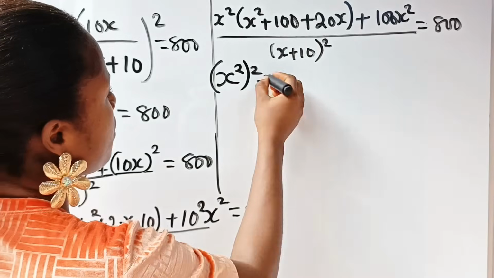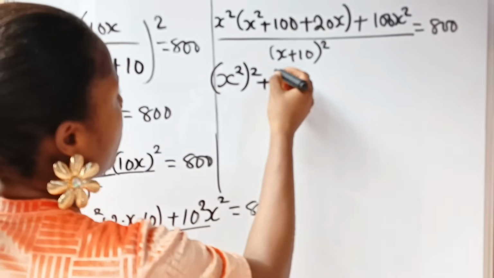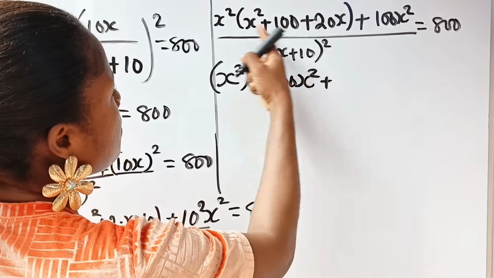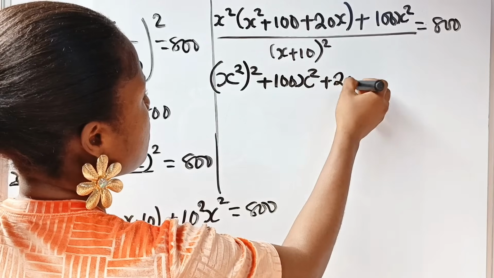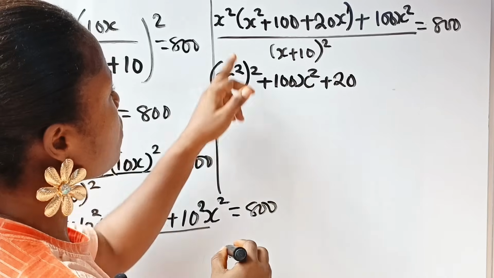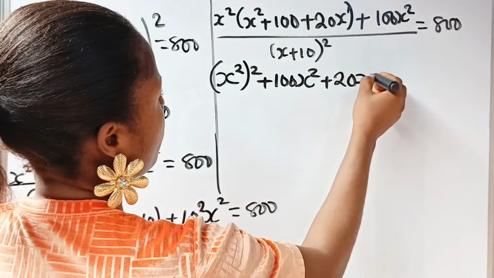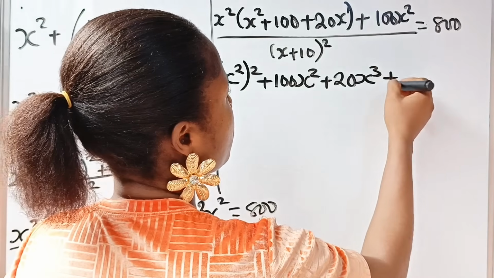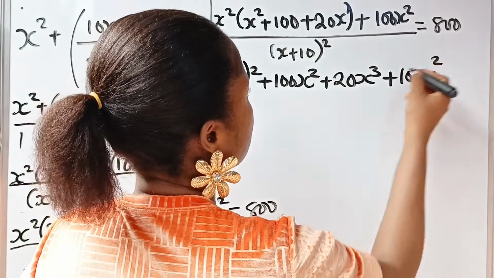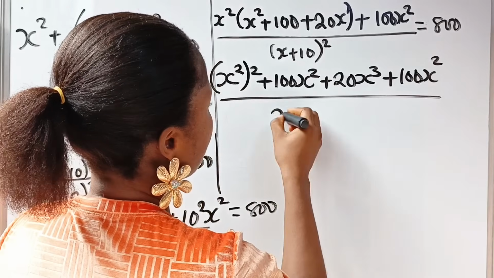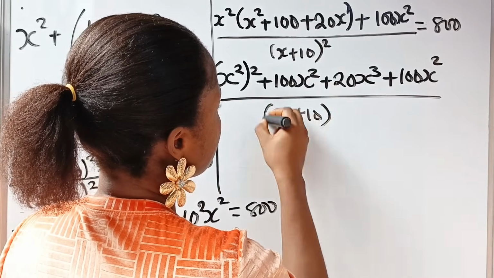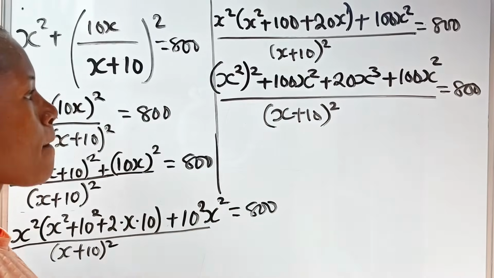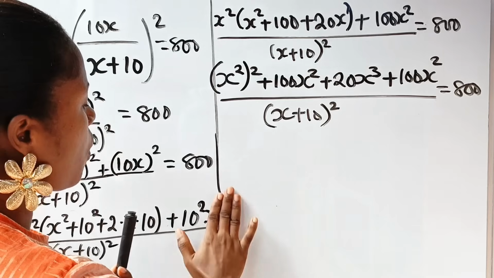Then plus 100 times x squared is 100x squared, plus 20x times x squared is 20, this is x to the power of 1, so we pick one x, then 1 plus 2 is 3. Then plus 100x squared, everything divided by x plus 10 squared is equal to 800.